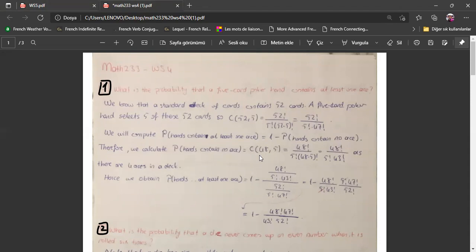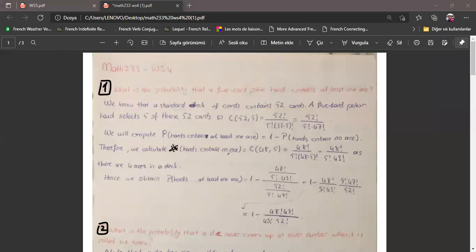So we have 48 choose 5. This is not the probability; this is the number of hands that do not contain any ace. Why do we have 48 here? We subtract the aces.